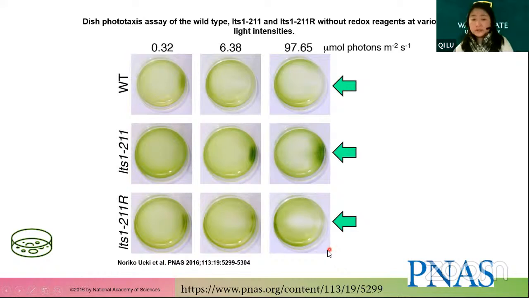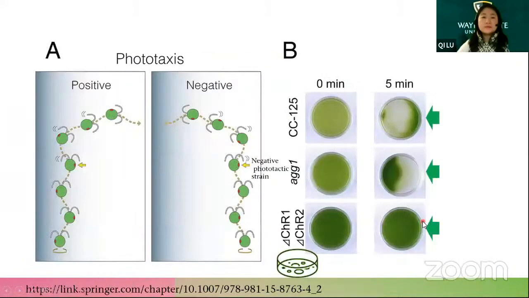This is a mutant, and this is a rescue one, and it shows that it recovers the behavior of escaping from very strong light. And this work is published in PNAS.